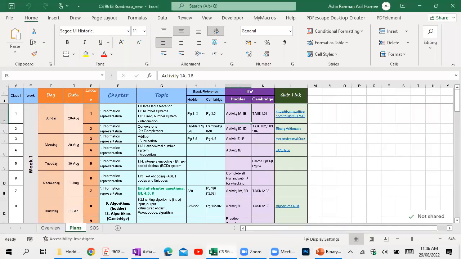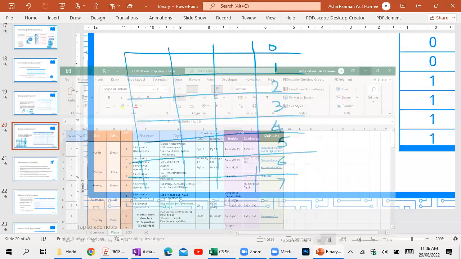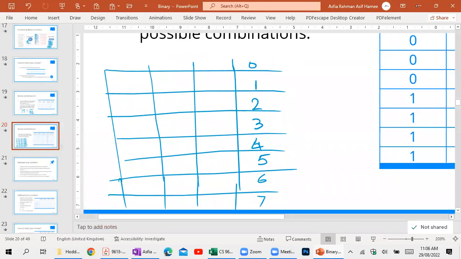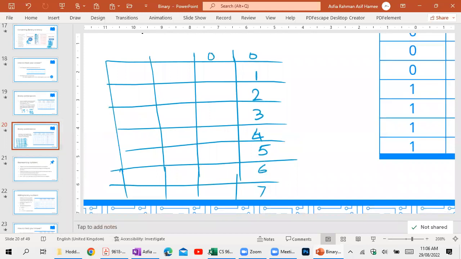What you need to do is start with 0 from the top. This is the least significant bit on the right side, the right hand side of the number. So what you need to do is 0, 1, 0, 1, 0, 1, 0, 1, and at the end we will have 0.